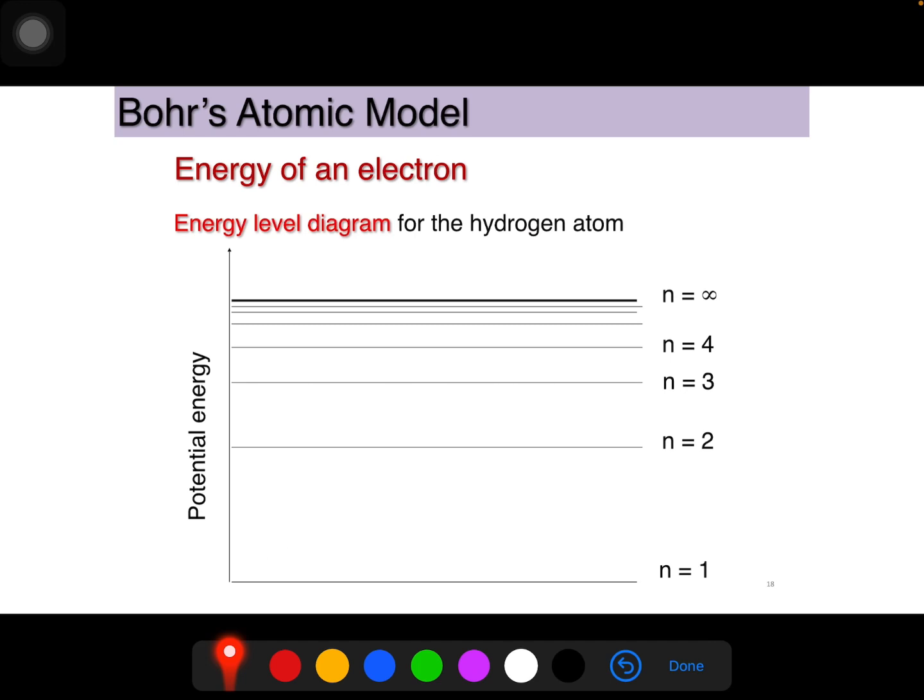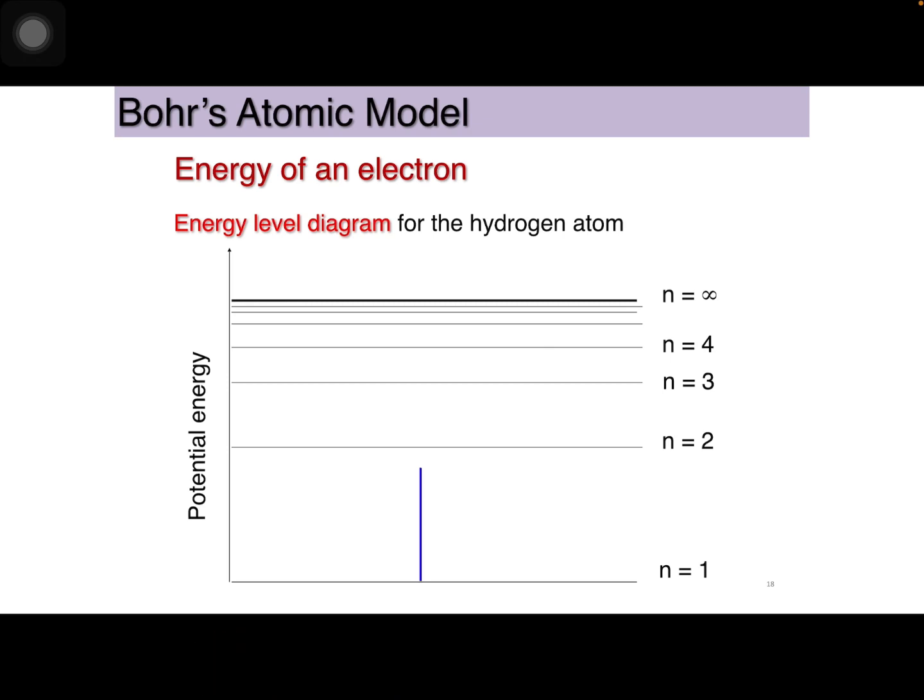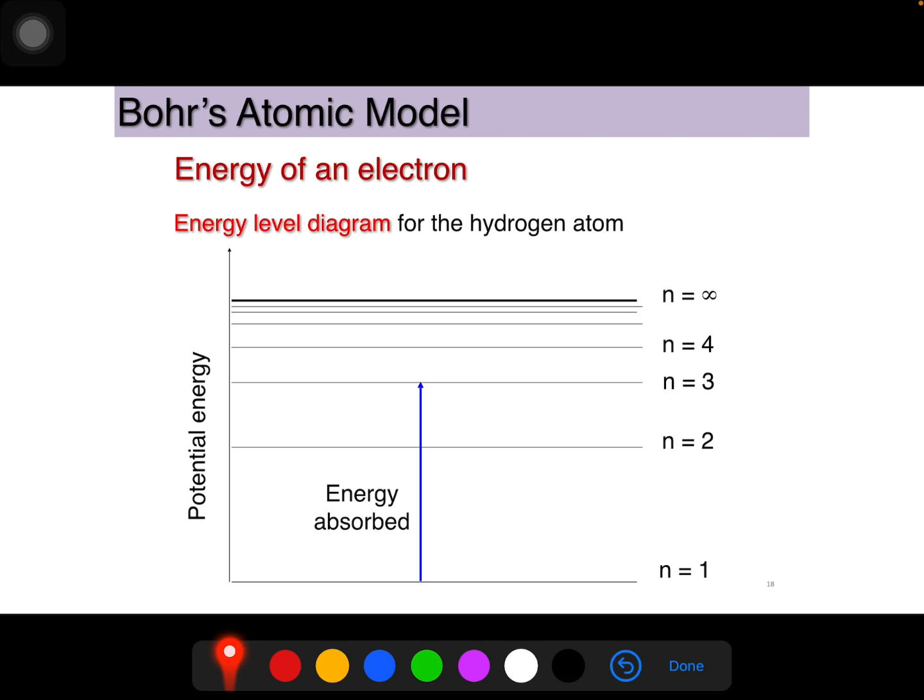Okay, so let's have a look at this illustration. So sama juga macam tadi, cumanya ini dalam bentuk energy level diagram. Elektron, okay, so contoh dia berada di n equals to 1 level. Bila ada enough energy, electron will absorb the energy, so it will excite to higher level.